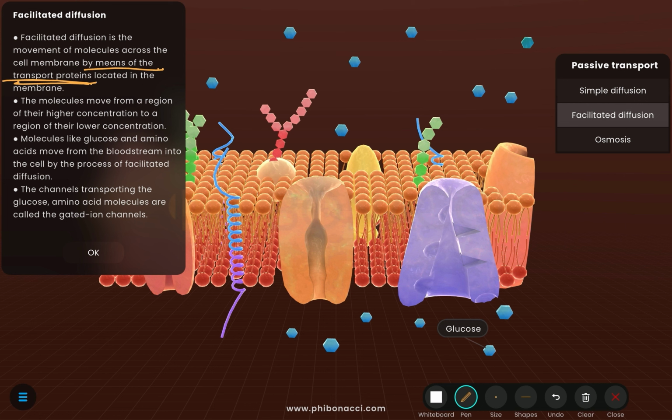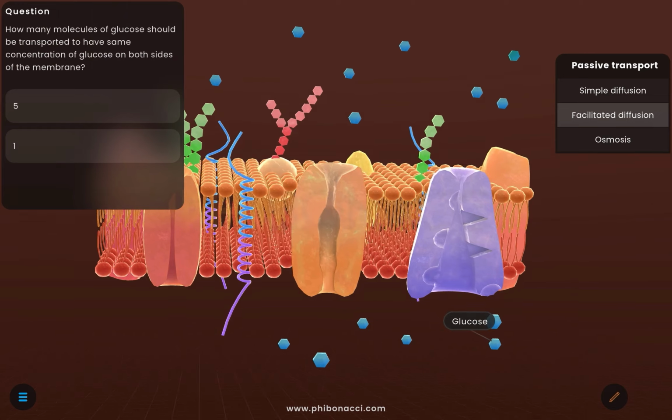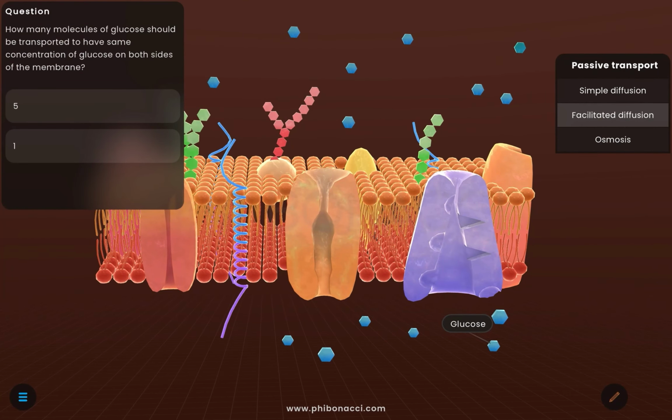So glucose molecules are something which gets transported through this facilitated diffusion. So we'll see how. Here again you can have a look at the number of glucose molecules that need to be transported. As I said, the transportation continues till the concentration is equal on both sides.